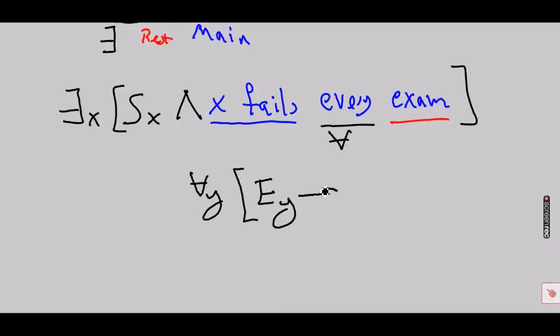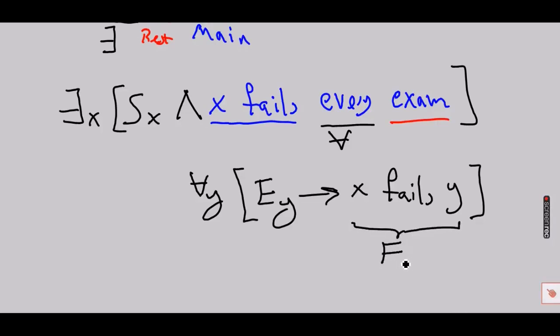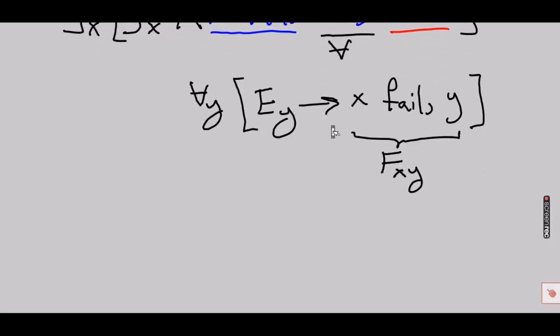Then we have an arrow and connect it to X fails Y. And for X fails Y, using F for fail, we have this. Okay?